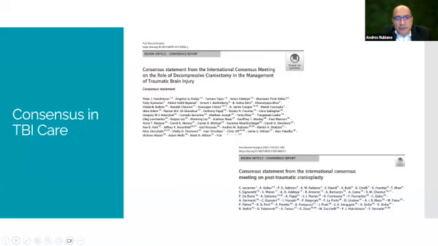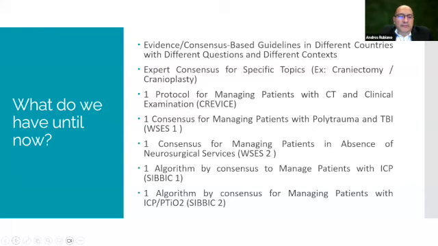We have another example of consensus on different topics. These are two of the main international consensus statements, one for decompressive craniectomy recommendations and the other for cranioplasty after decompressive craniectomy. So, what do we have until now? We have evidence-based, consensus-based guidelines from different countries, with different questions and in very different contexts. We have expert consensus for specific topics like craniectomy and cranioplasty.